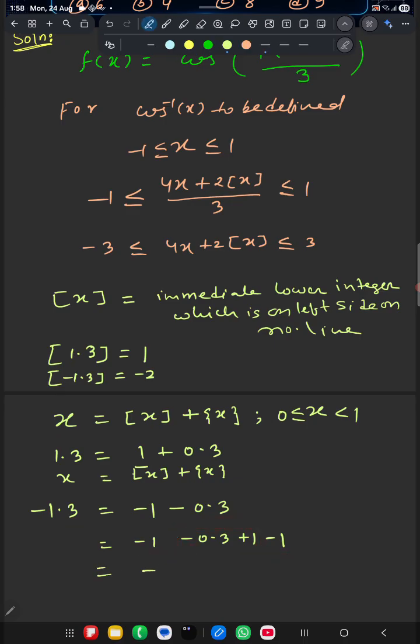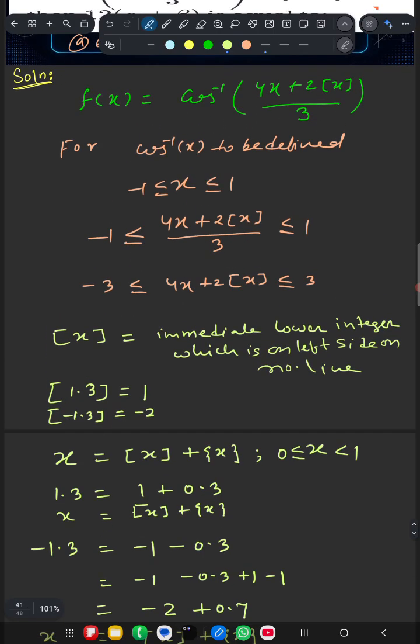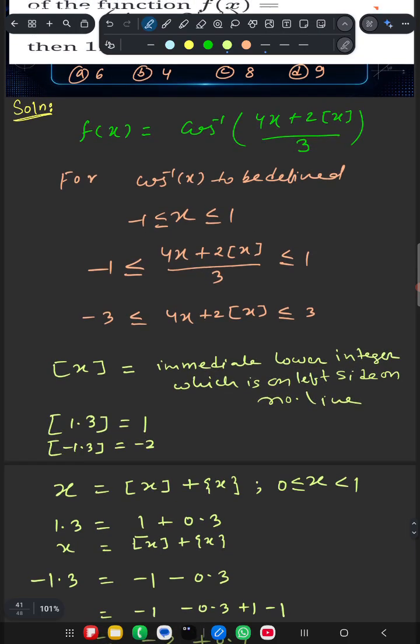So now you can write it as -2 plus 0.7. Now it has become in the format of the greatest integer for our number -1.3 plus the fractional part of -1.3. Clear? I hope it is very clear. Though all these details are not required over here, the concept must be used in this question. Okay.